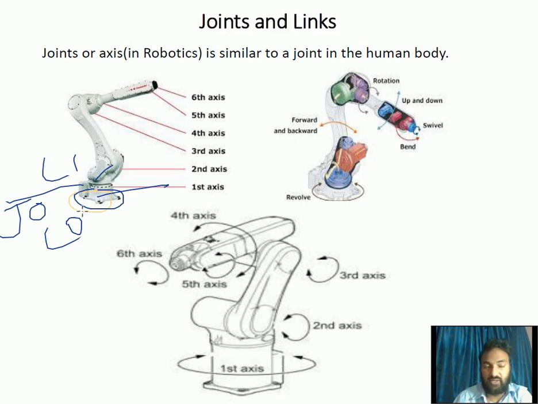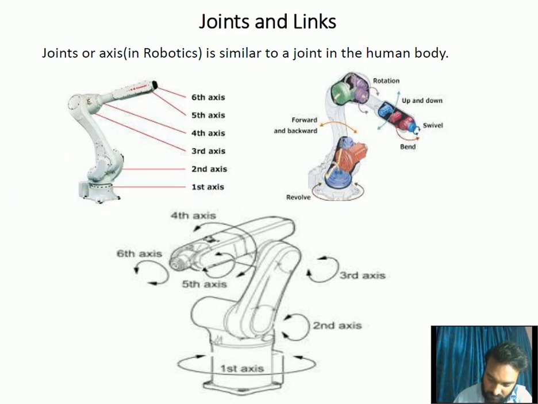It is called joint 0 because this one is link 0. So this one is joint 1, and the axis of rotation of that joint is the first axis. Again, you see this one and this one, there is another axis of rotation. So this one is the second axis.